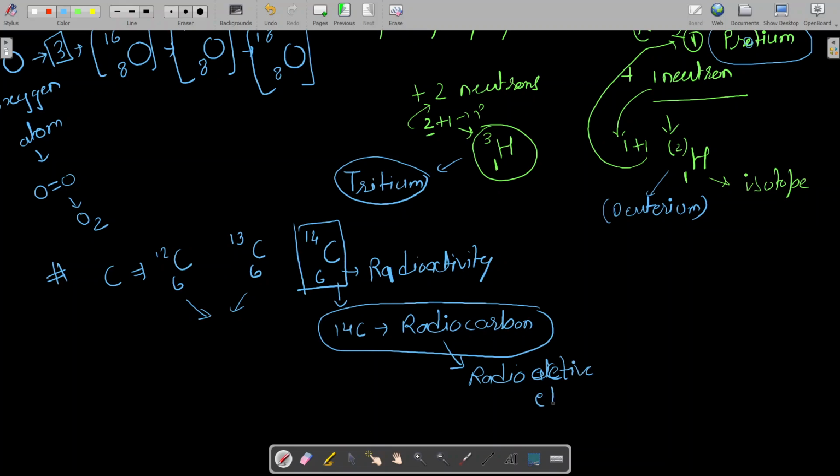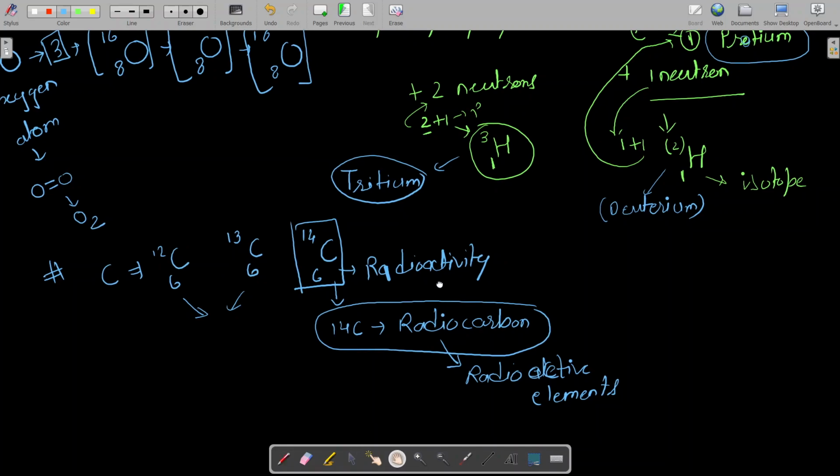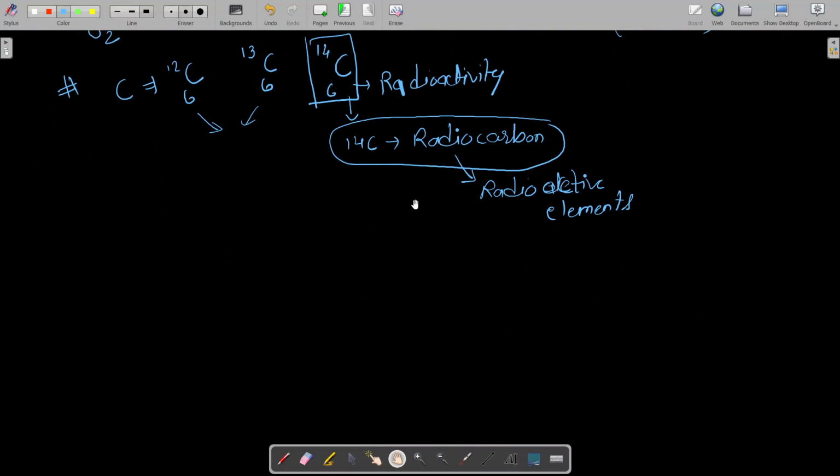Now after that, the very important topic is the properties of isotopes, in terms of their physical and chemical nature. That means physical properties and chemical properties.